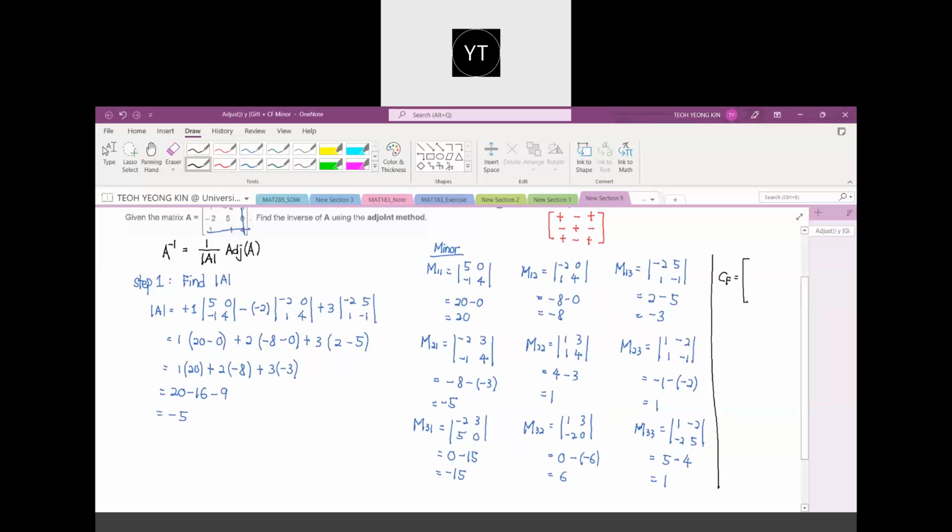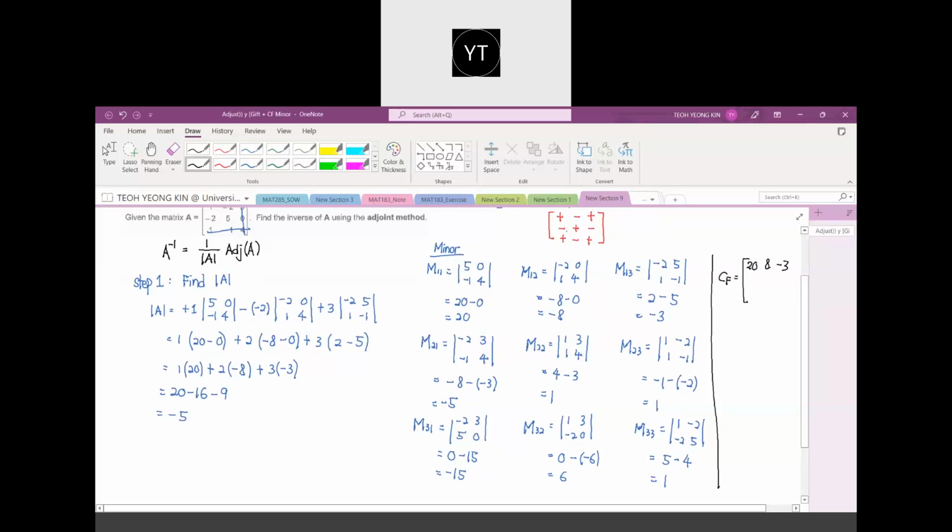So positive 20 means that is 20. The second sign is negative. Negative, negative 8. Negative, negative will become positive 8. Next, positive, negative. Positive, negative will become negative 3.